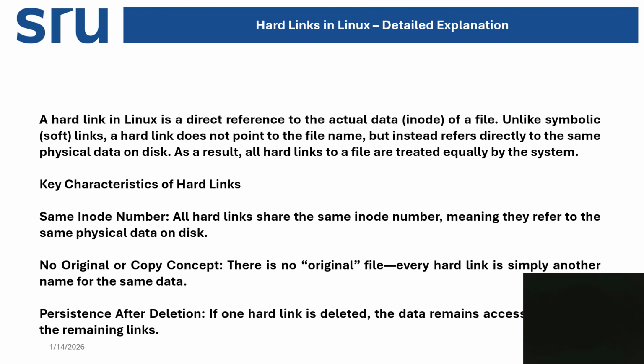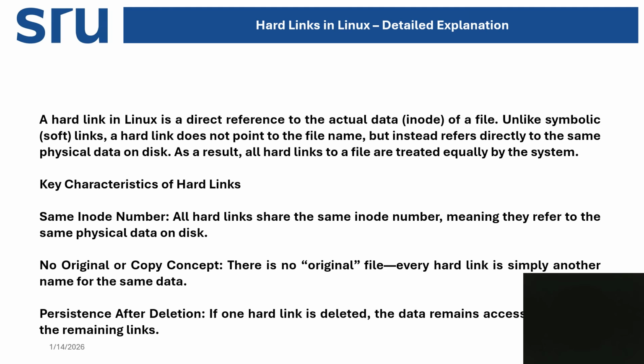And persistence after deletion. Suppose in this picture, the original file points to data, and hard link 1 points to the same data, hard link 2 points to the same data, hard link 3 points to the same data. Every hard link and the original file point to the same data only.